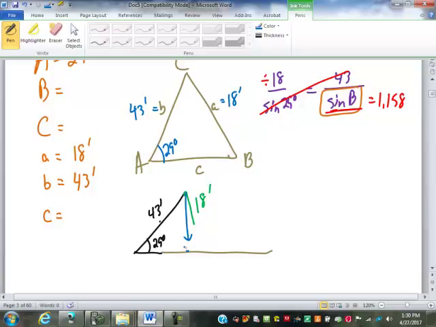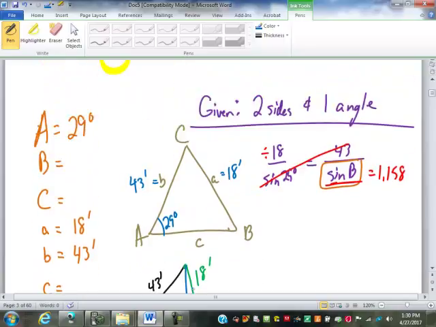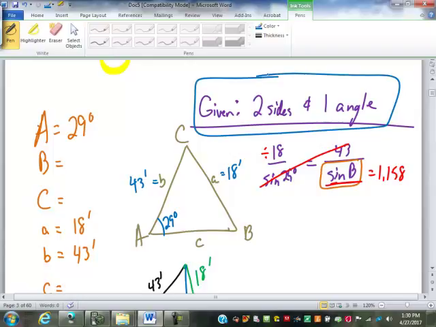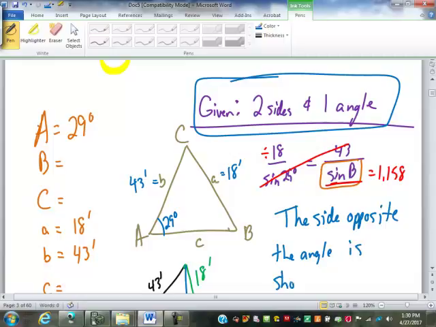This is only an issue when there are two sides and one angle, and the side opposite the angle is shorter than the other side.